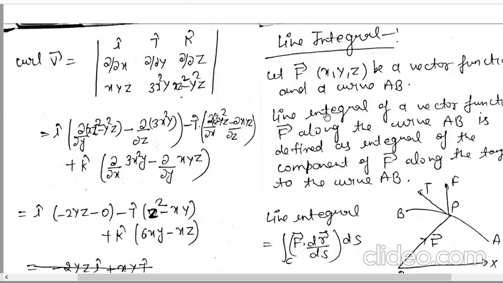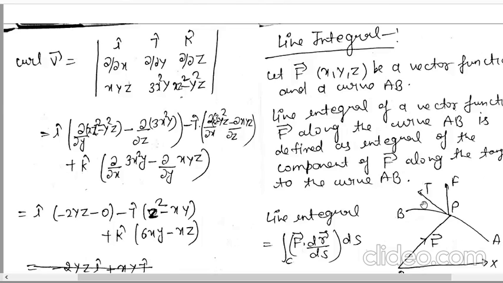So line integral: let f vector xyz be a vector function and the curve AB. So this is your curve AB, right? And this is your force. Line integral of a vector function f vector along the curve AB is defined as the integral of the component of f vector along the tangent to the curve AB, right?